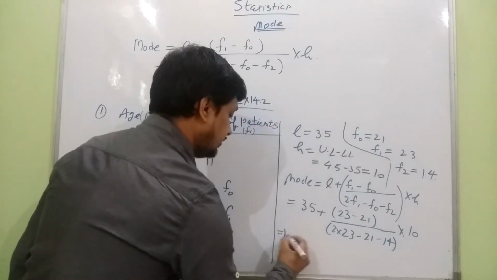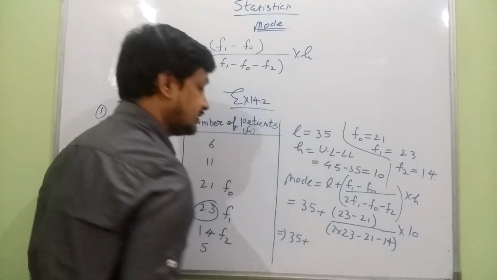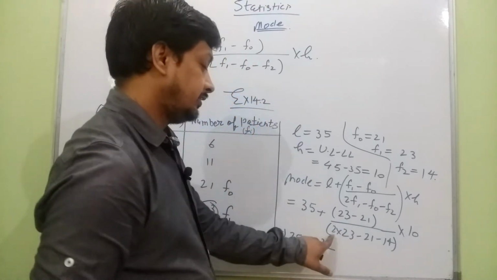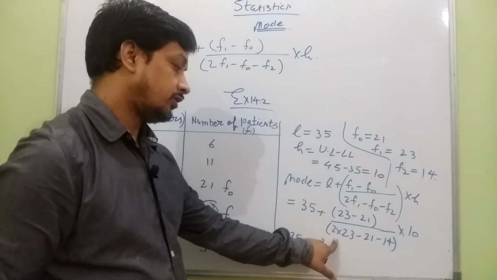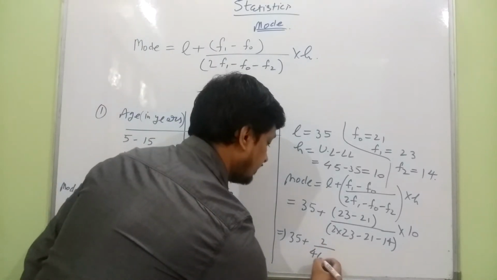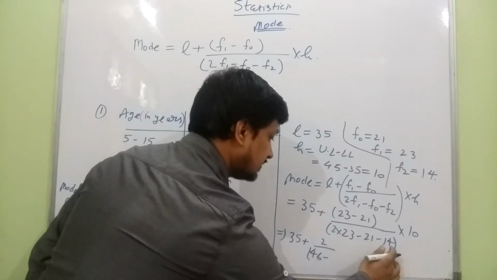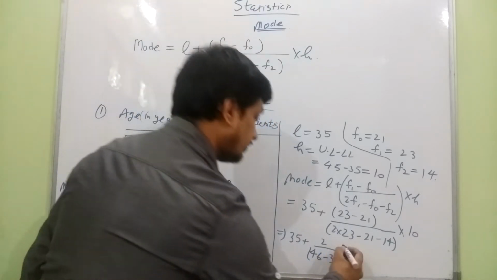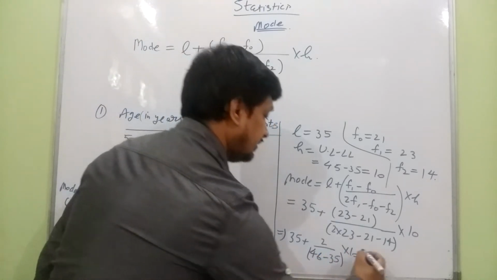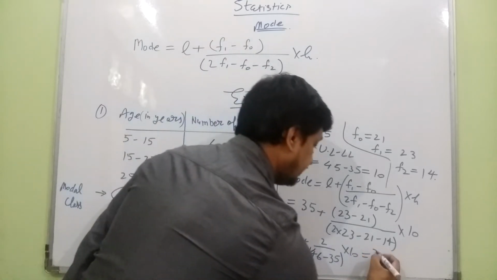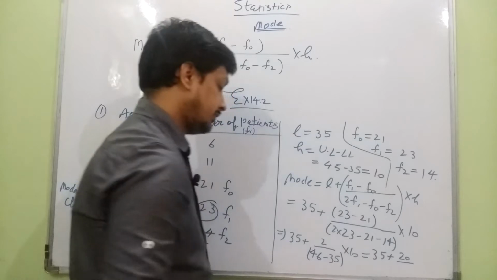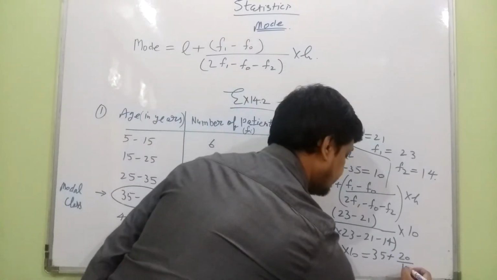Now just solve it. You will get 35 plus 23 minus 21 will be 2. 23 into 2, 46. 46 minus 21 minus 14 is 11, so it will be 35 plus 20 upon 11.